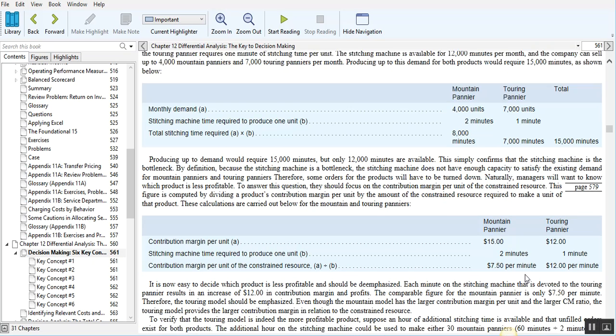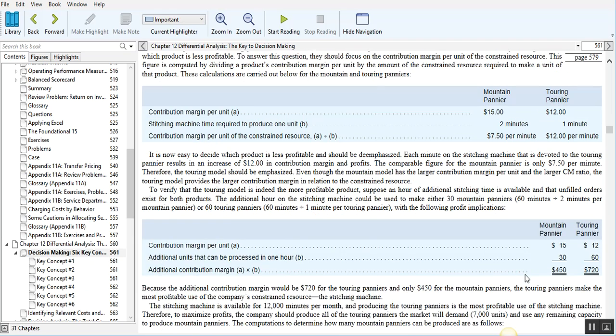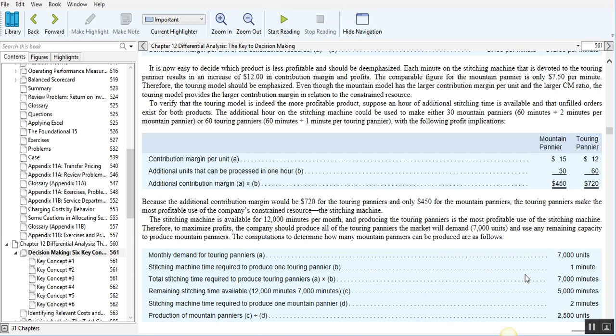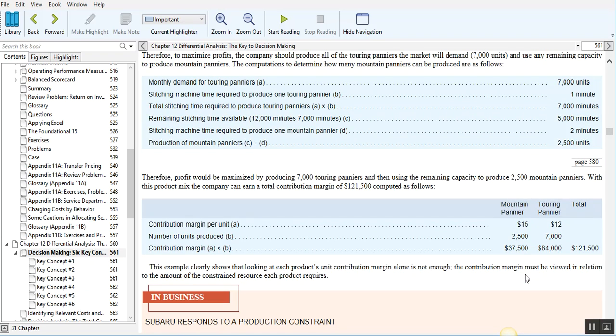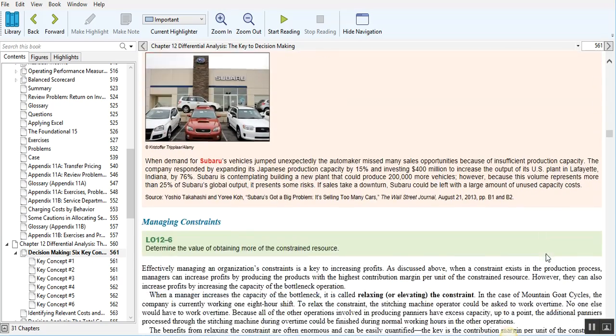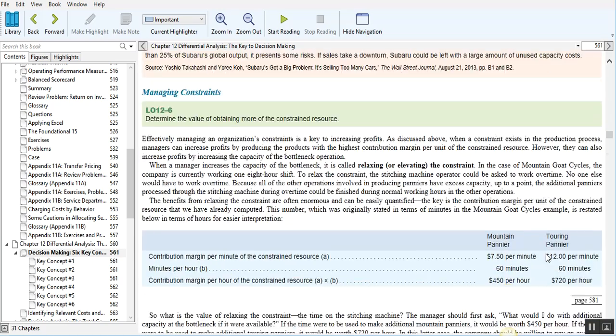What product do I emphasize or prioritize with this particular resource constraint? And they do this comparison between the contribution margins, and you can see that the Touring Pannier has a higher contribution margin and may actually be the better choice.